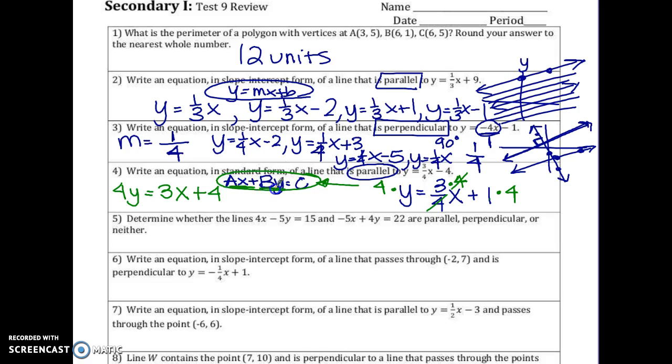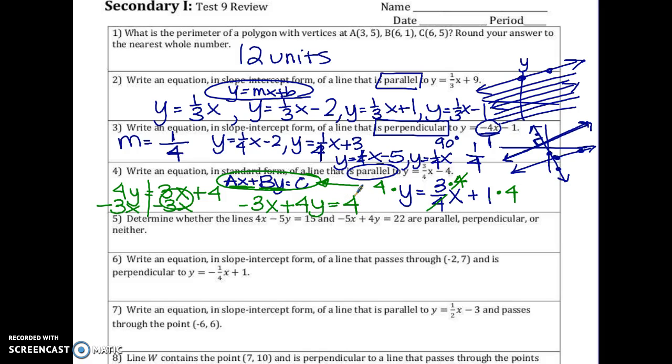Notice that the x's and the y's have to be on the same side. So I'm going to move the x's over. I want to get rid of all of them, so I'm going to minus 3x. And I want the x's first, so I'm going to do negative 3x plus 4y equals 4.